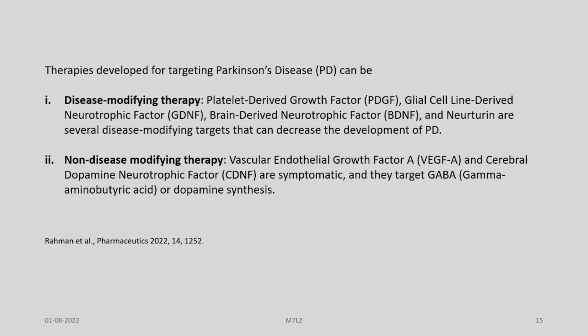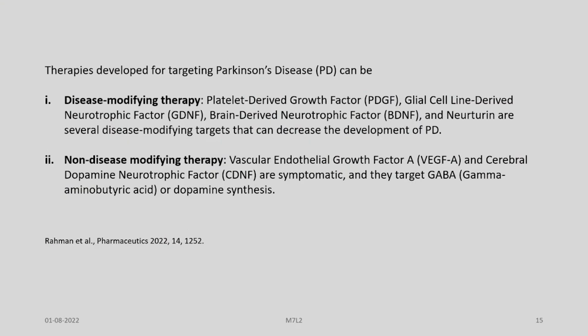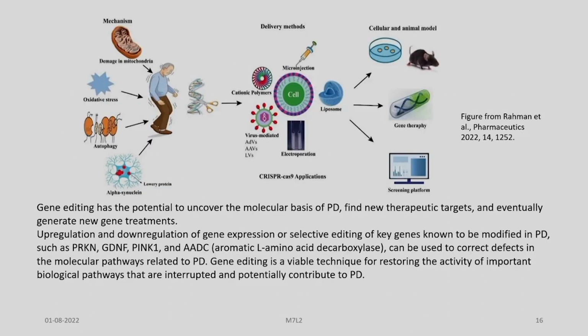In disease modifying therapy, platelet derived growth factors, glial cell line derived neurotrophic factor, brain derived neurotrophic factor and neurturin are several disease modifying targets that can decrease the development of Parkinson's disease. While in the second type, factors like VEGF-A and cerebral dopamine neurotrophic factor are symptomatic and they target GABA or dopamine synthesis.